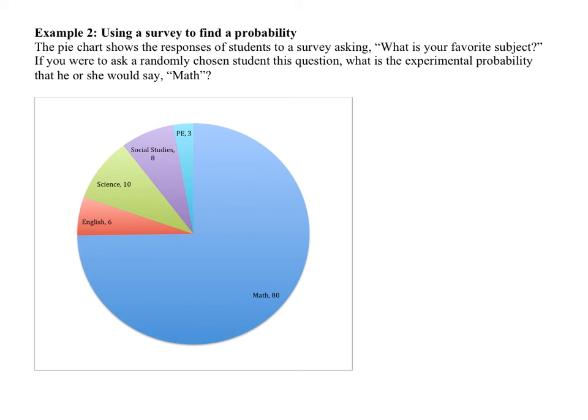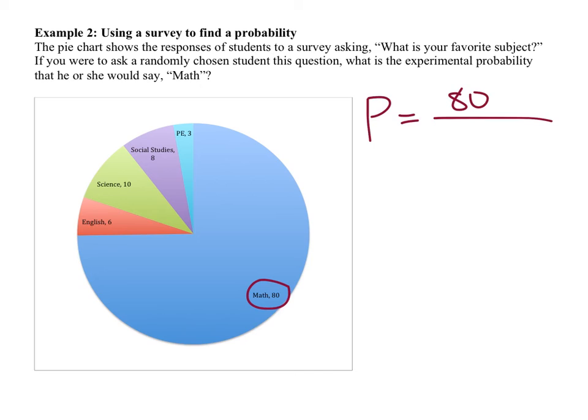So first of all, I know that the formula is number of favorable observed outcomes over total number of trials. The number of favorable observed outcomes are the number of students who said their favorite subject was math, right? So that'll be 80. So our probability, P, is equal to 80 over the total number of trials. So I want to see how many students they actually asked this question.